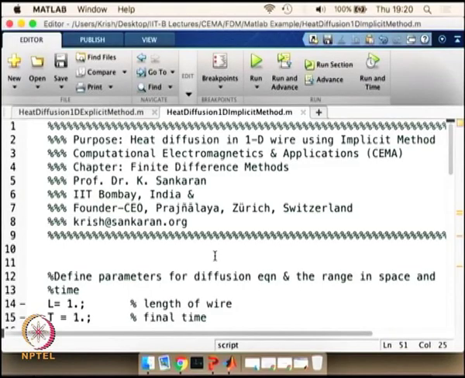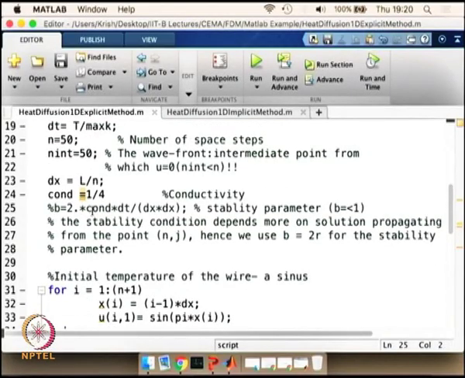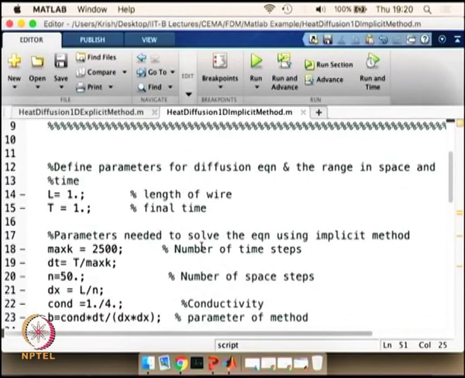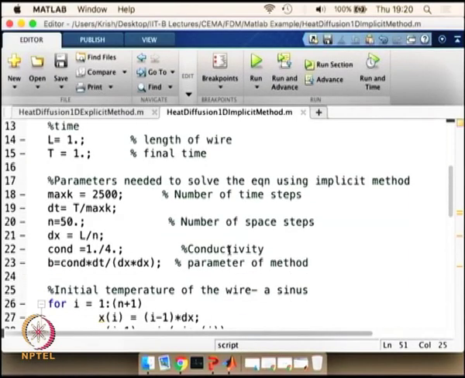So this is the MATLAB simulation for the one dimensional wire problem that we have previously solved using the explicit method. Remember, in the case of the explicit method we had this strong condition on the B. We are now going to see that in the implicit method we don't have that strong condition. So we will start with the same problem with the time step exactly the same as before, whereas here the parameter B is going to be a little bit more relaxed.